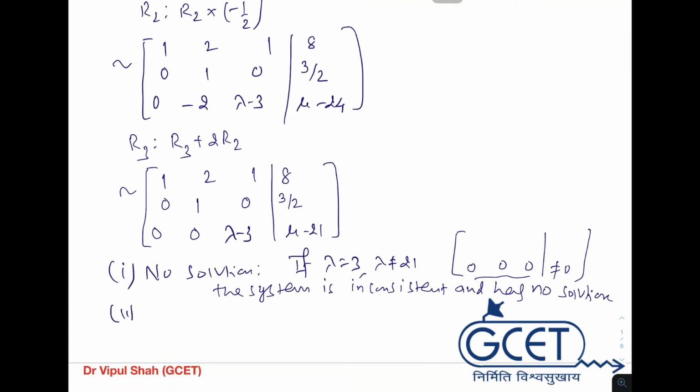Then unique solution. So for unique solution we need 3 variables, so the rank should be 3 of A as well as of augmented matrix AB. So if lambda is not equal to 3, and mu any number, then what happens? This is 0, 0, this is not 0, and any number.